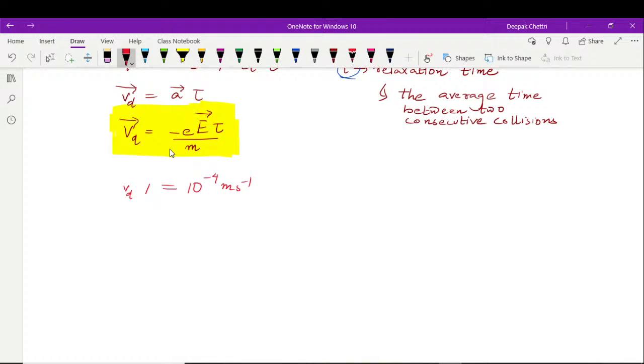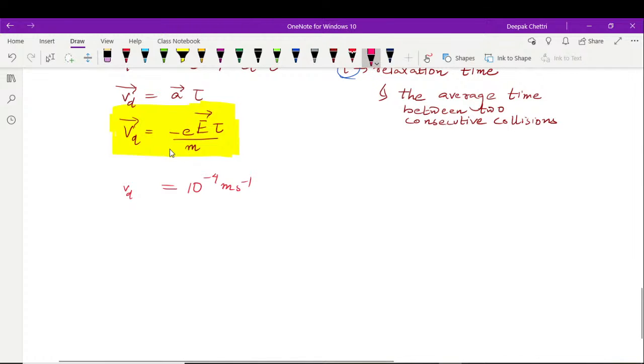So whenever you apply an electric field, whenever you use a battery for current, the electrons inside are moving with an average velocity of about this much, 10 to the power minus 4.